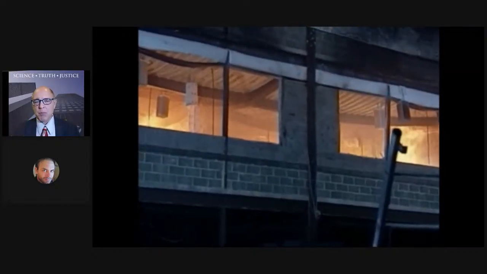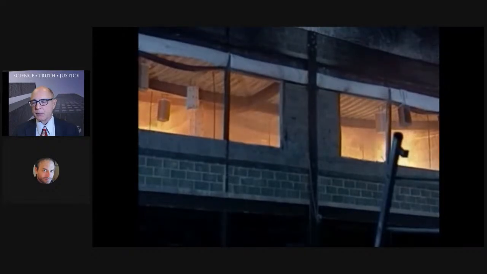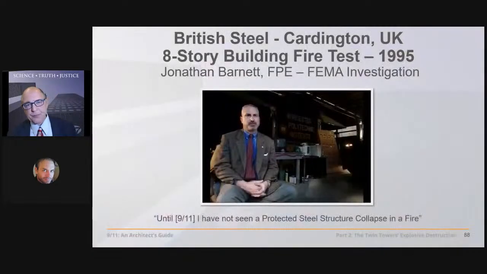In over 20 years, I have not seen, until recently, a protected steel structure that has collapsed in a fire. Until recently, of course. Jonathan Barnett of the FEMA team is talking about 9/11, when we had not 2, but 3 protected steel structures collapse due to fire.